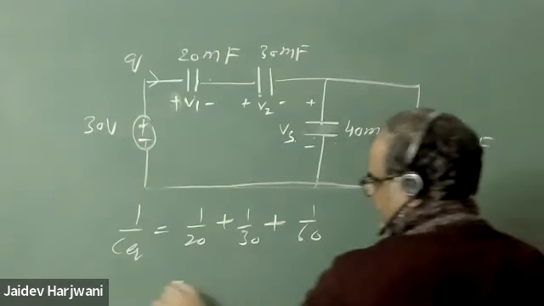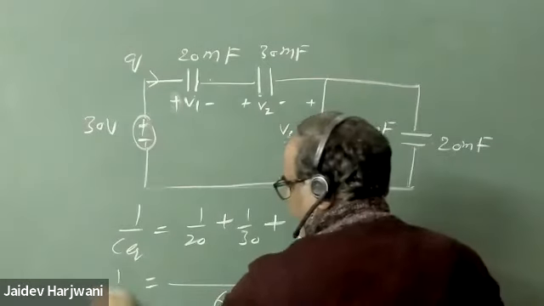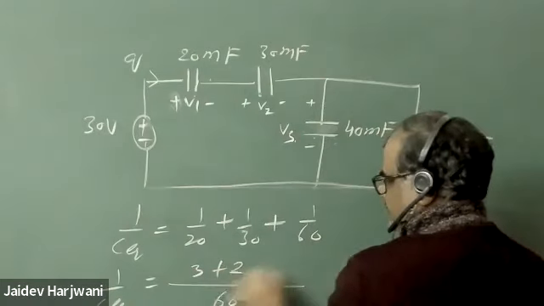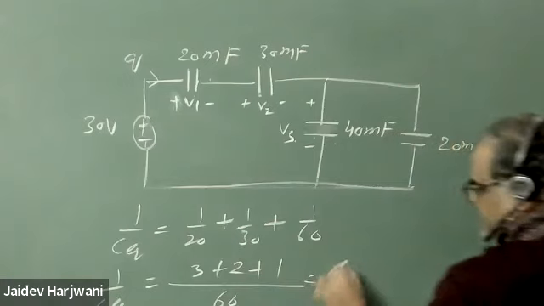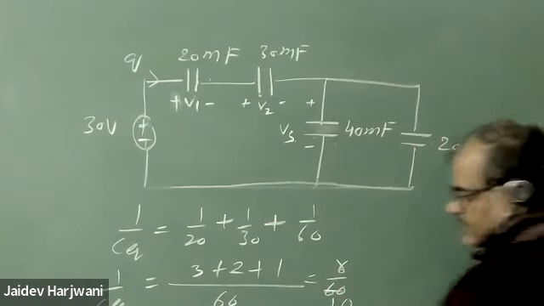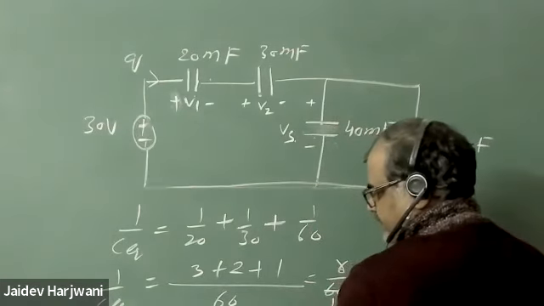Okay, so now you can solve this. Take 60 as the common denominator: this becomes 3, this becomes 2, and this becomes 1. So you have 6 upon 60, that is 1 upon 10. So C equivalent is 10 microfarad.